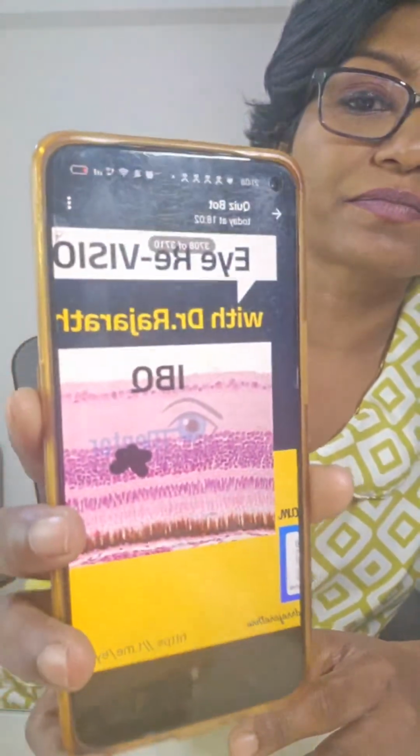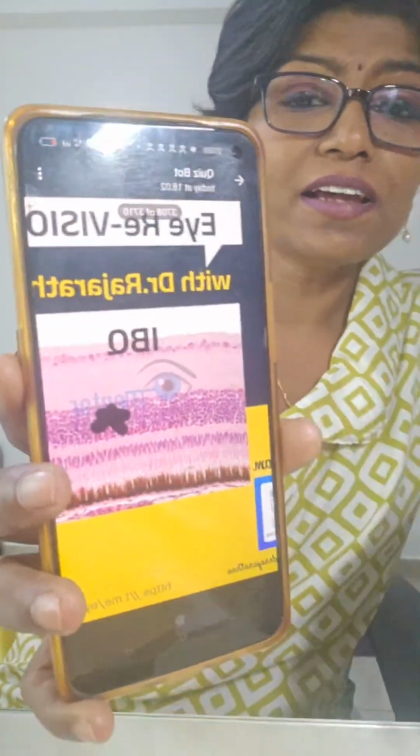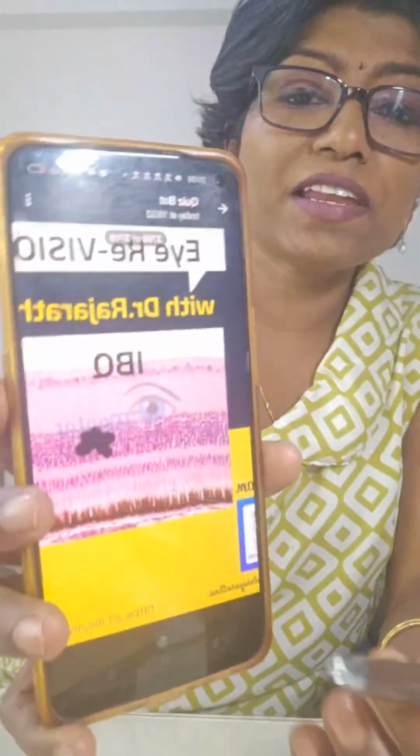Nothing more than that. Okay, next comes the retinal histology picture, and I've asked you to identify the marked layer. Now it's very simple. So it's here. Okay, let's do the ruling out. Outer nuclear layer, layer of rods and cones, inner nuclear layer, inner plexiform layer.